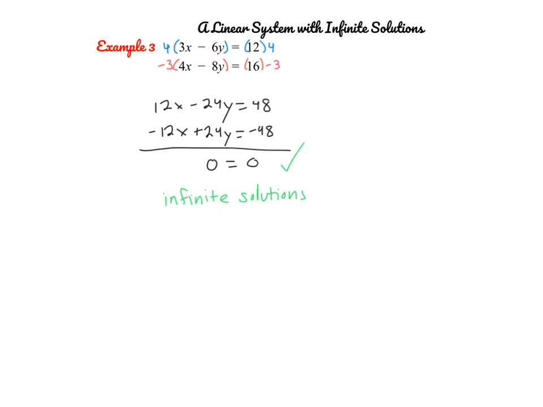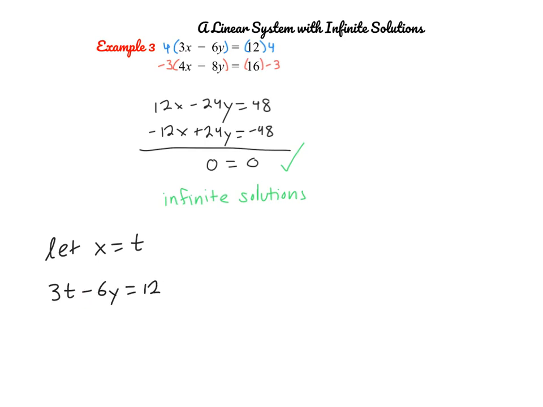So first, you pick one of the variables. So let's call x equal to t. Okay, so we're going to set x equal to t. I can take either equation. I'll take the first equation, and I'm just going to replace x with t. So we say 3t minus 6y equals 12.